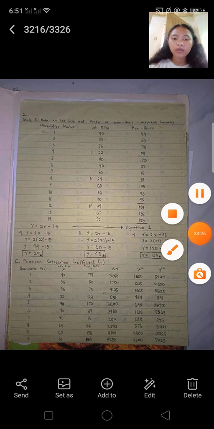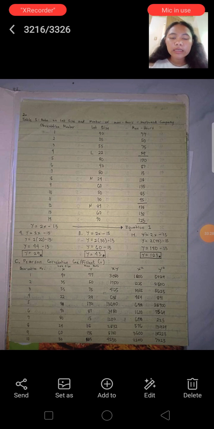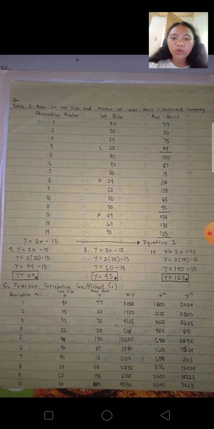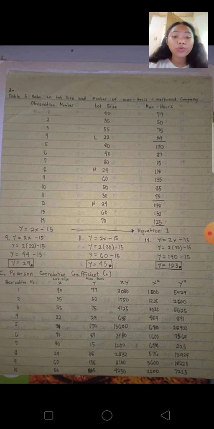At this juncture, we will proceed to test 2, or item 2, which is the data for the lot size and number of man-hours in Westwood Company. So, in the given table, or in table 5, there are missing variables. And in finding those missing variables, a way is given to find them. The first one here is number 4.